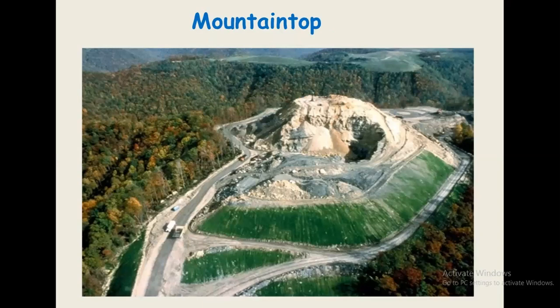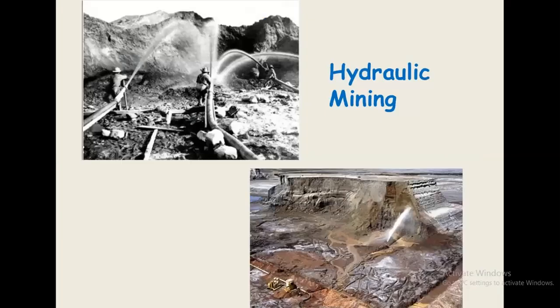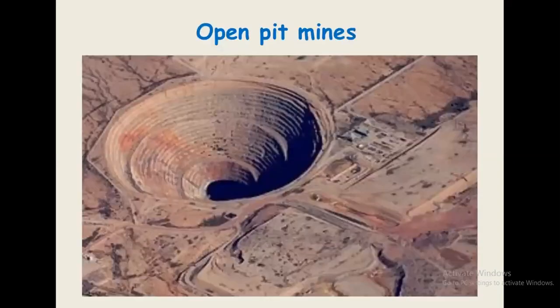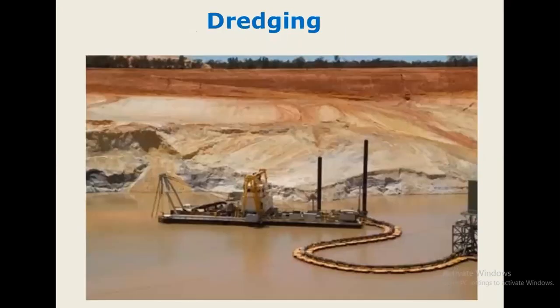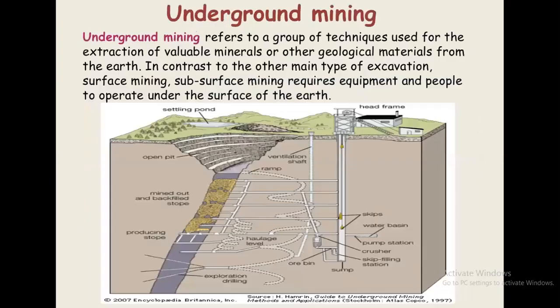The trucks are moving from the mountain, and people are over there collecting and extracting the ore. Hydraulic mining. With the help of water and chemicals, they extract ores. These are open pit mines. Dredging is there, extracting the minerals.